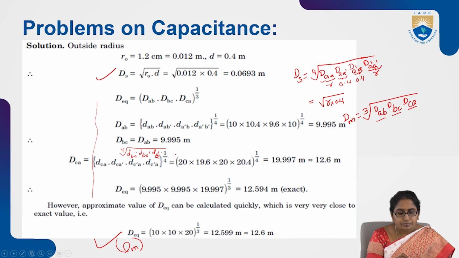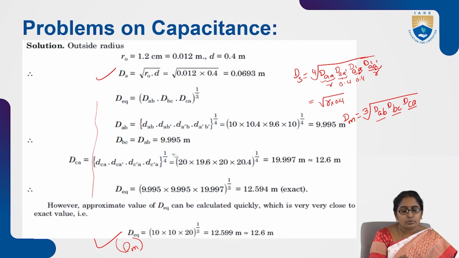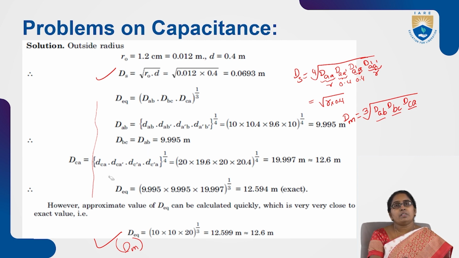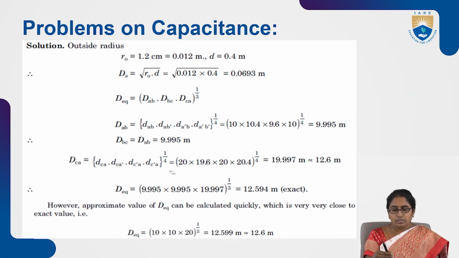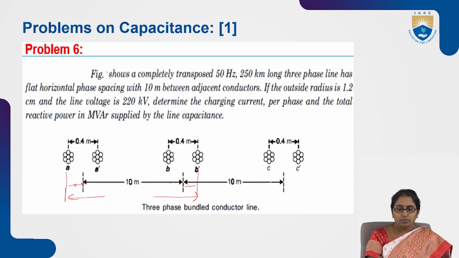Now, capital DCA is given by the fourth root of small dca, dca dash, dc dash a, dc dash a dash. DCA from the diagram is 20 meters, from here to here.